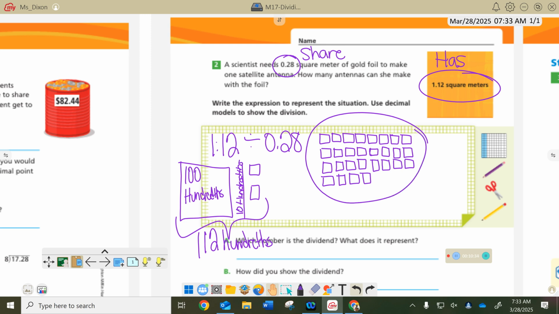That's our first group of 2,800 that we have used from our 112 hundredths. How many hundredths do we have left to split into groups of 2,800?